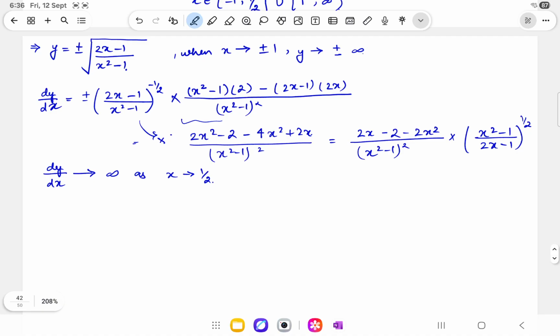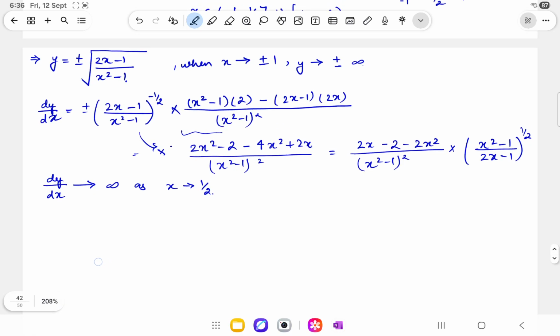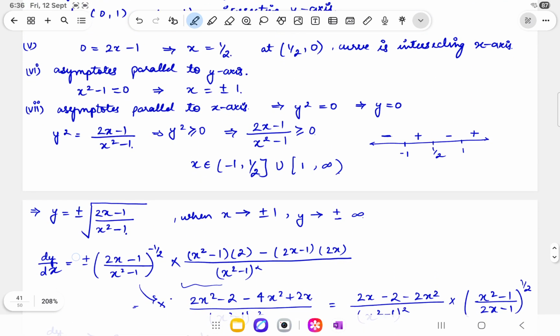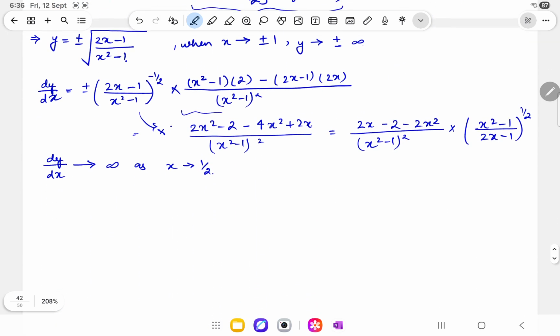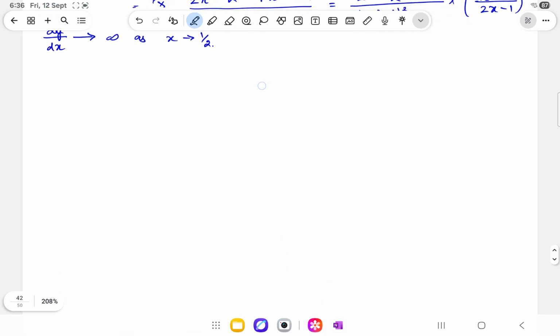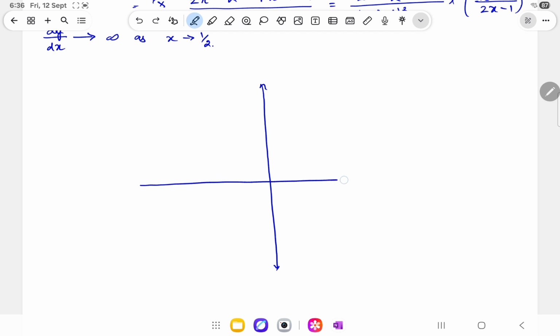Using this information, also if you see, from here you can observe that our curve doesn't lie in between 1 by 2 to 1. So using the information that I have derived, if this is my y-axis and this is my x-axis, we have asymptotes at x equals 1 and x equals minus 1.